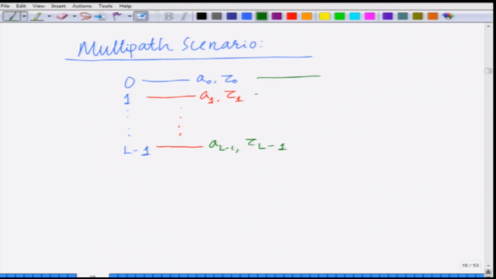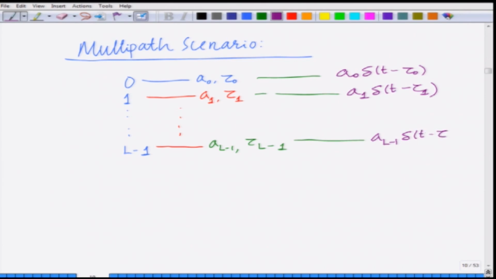This gives rise to the channel for each path: a_0 delta(t minus tau_0), a_1 delta(t minus tau_1), up to a_(L-1) delta(t minus tau_(L-1)), and the multipath impulse response is basically the sum of all these components.